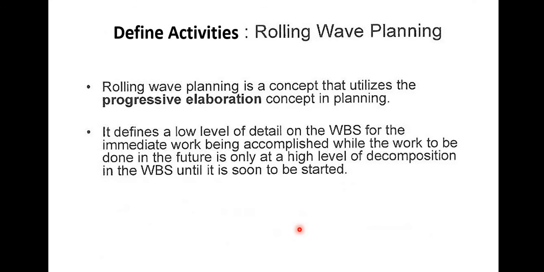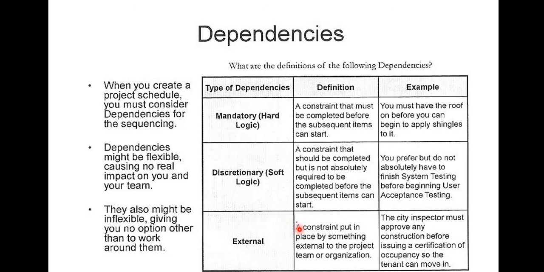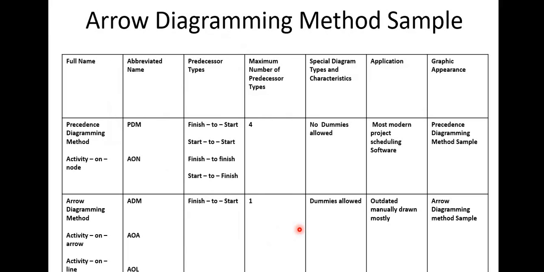So just know what all of those processes mean and what they are used for. The dependencies we have are mandatory, discretionary, external, internal. For relationships, we have start to finish, start to start, finish to finish, finish to start.